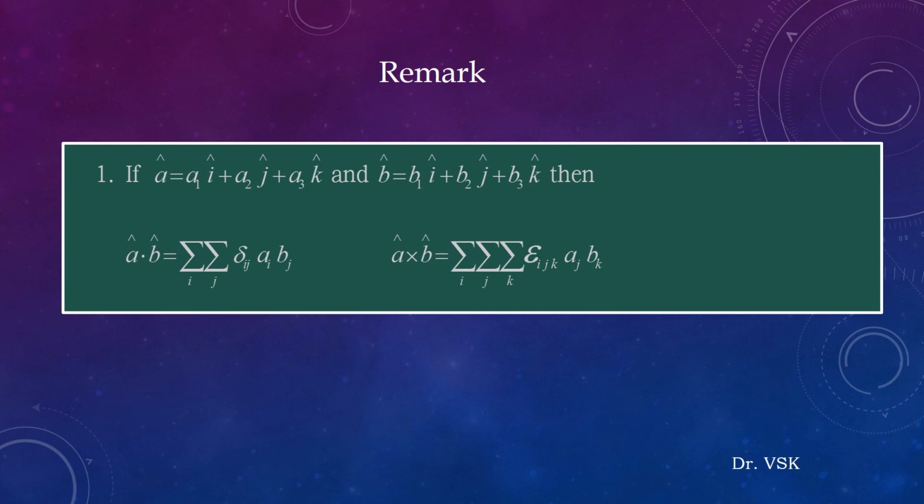Now let us represent the same cross product by using our Levi-Civita symbol. The new representation of the cross product is a cap cross b cap equals summation sigma over i, summation sigma over j, summation sigma over k, epsilon sub ijk a suffix j b suffix k.